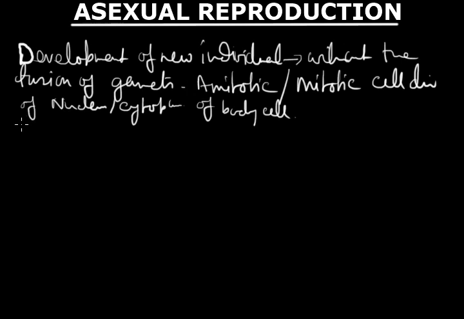There are some types of asexual reproduction. What are these types? Number 1, by fission. How does it take place?